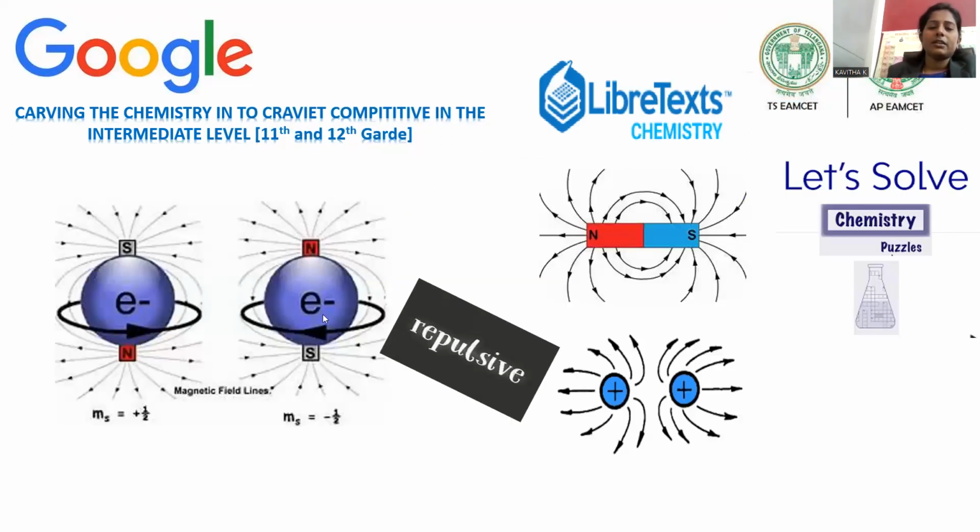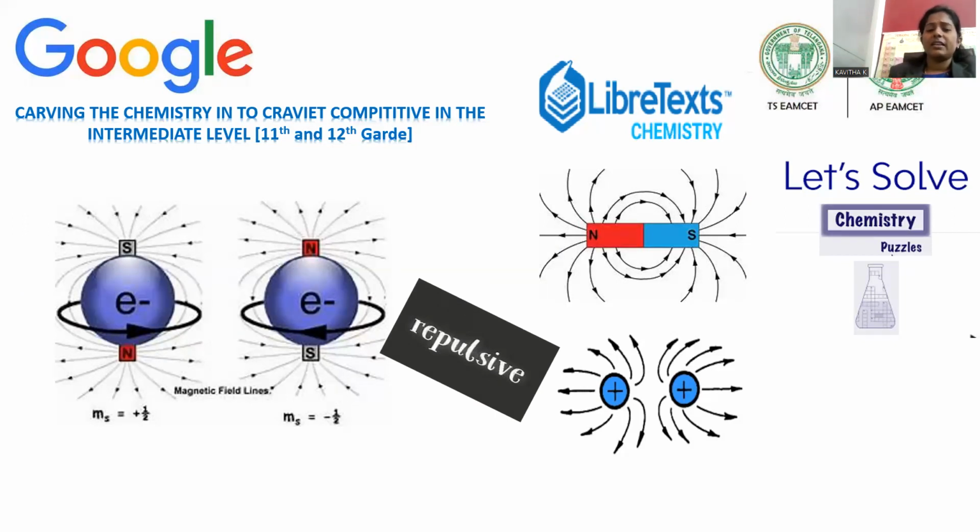Electrons always have a provision to move, to rotate. Whenever an electron is rotating, a kind of sphere is generated around that electron, called a tiny magnetic field.